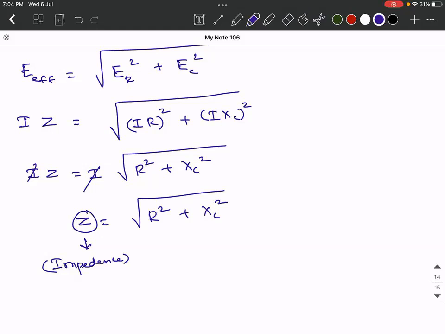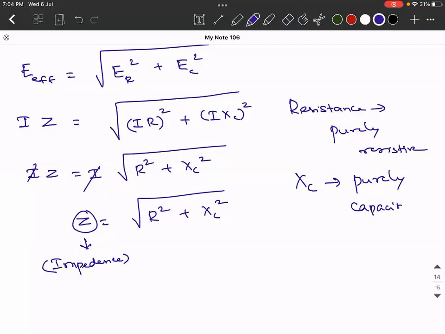Okay. So there are three terms that we have seen. One is called resistance, second is called reactance, and the third is called impedance. So resistance is the word used when the circuit is purely resistive. You use the word reactance when the circuit is purely capacitive or inductive, XC or XL.